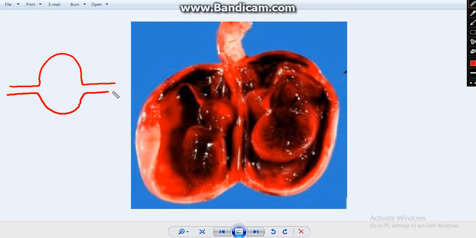So the blood comes from the artery, through the organ, and out from the vein. Now, suppose that we have an obstruction right here, or an embolus, or whatever. This means that the blood can't go out, and it will re-enter that organ.